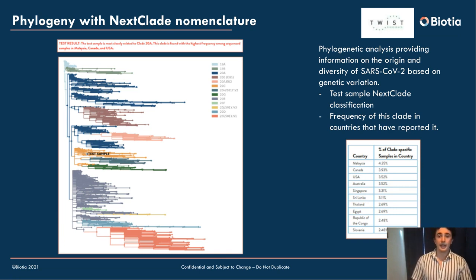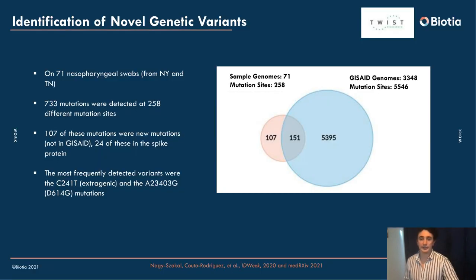this. And this ability to place and identify variants has proved surprisingly important and prescient because it's actually helped us to identify novel variants already in New York City. So as part of the validation, we took 71 nasopharyngeal swabs taken from people in New York City. And we were able to detect a set of conserved mutations in these samples that were not already known in GISAID.